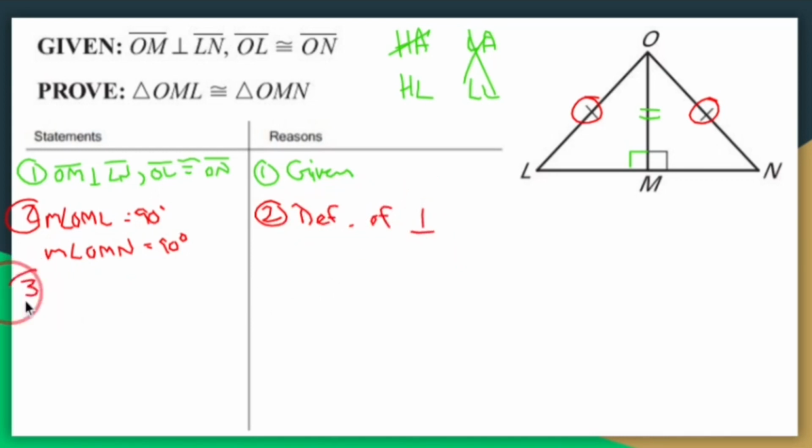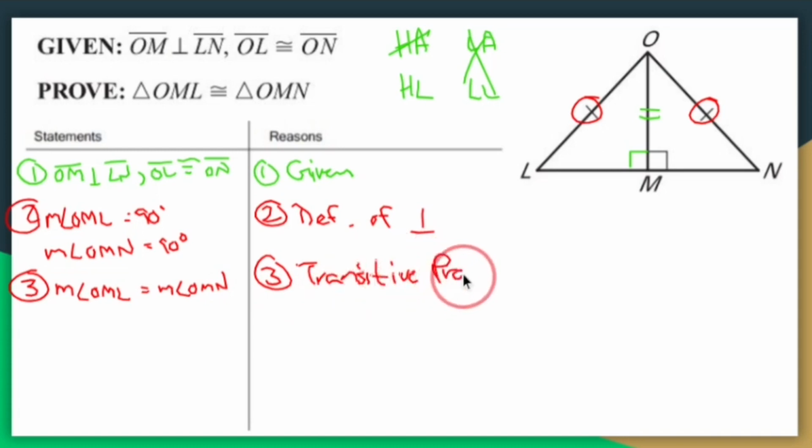Which means we are allowed to say that the measure of angle OML is congruent to the measure of angle OMN, and that is through the transitive property. Now, a lot of people might be like, well, why do we have to write out both of those steps? You kind of do. It's dumb, but you kind of do.